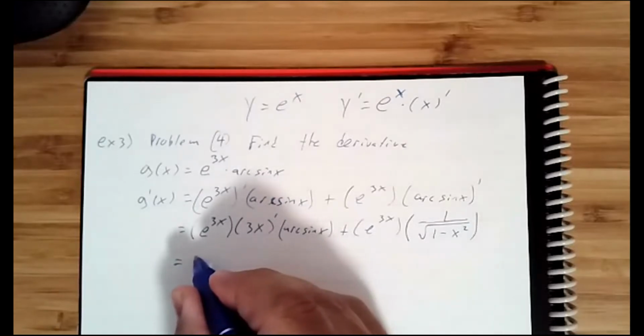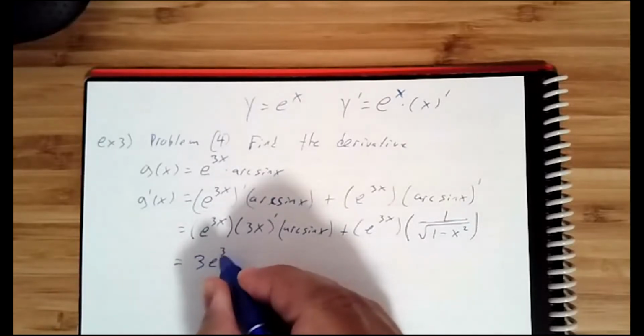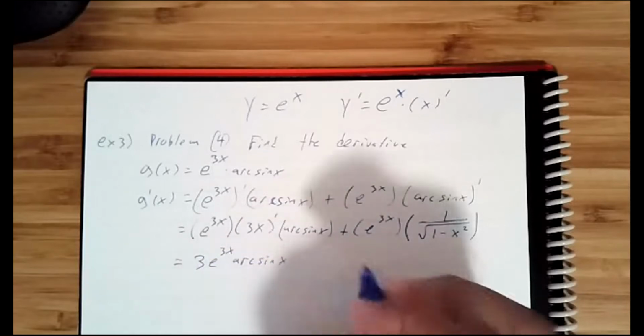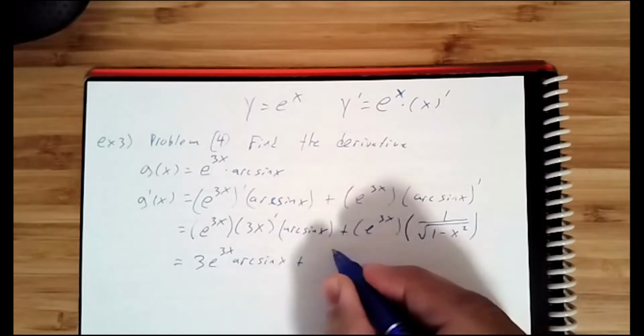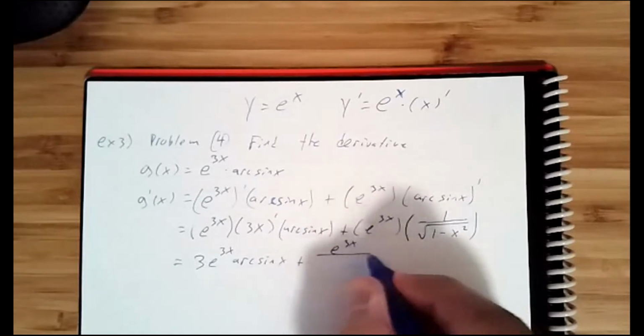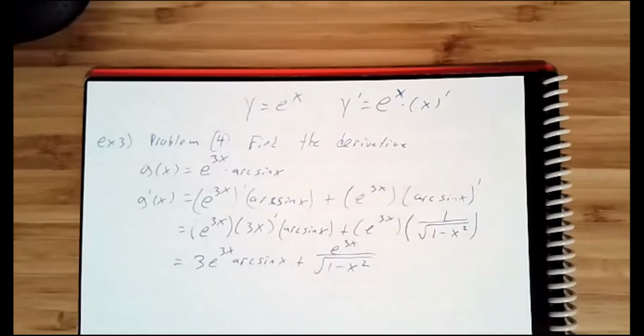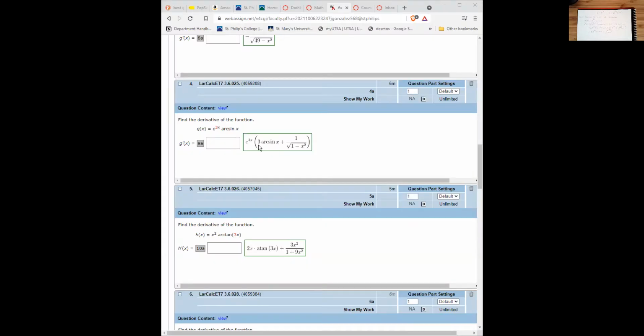This will be 3e to the 3x arc sine x plus e to the 3x over the square root. You could technically factor e to the 3x out of the entire thing, but you don't have to. They did here, but it's the same thing.